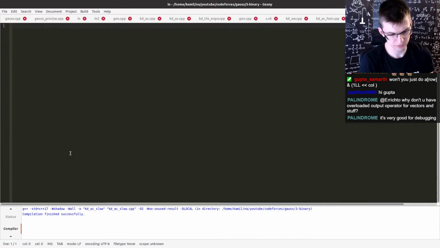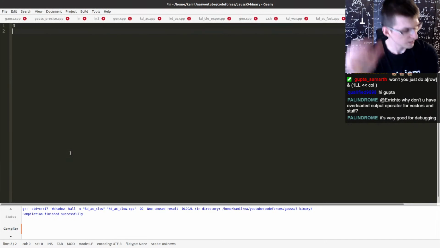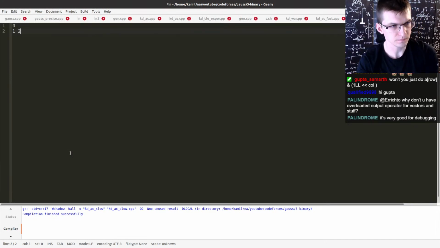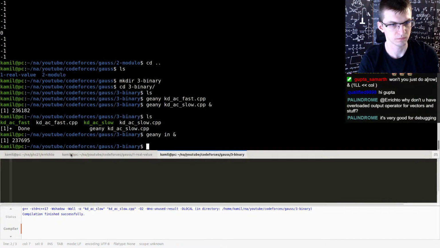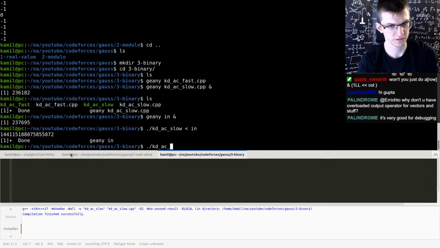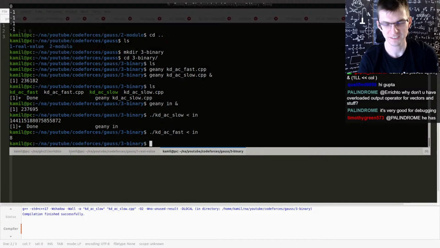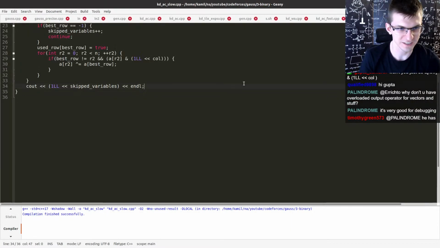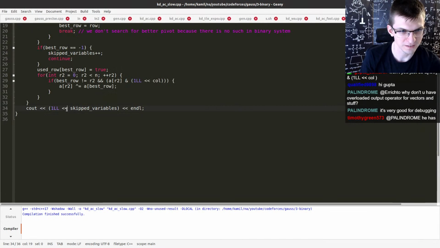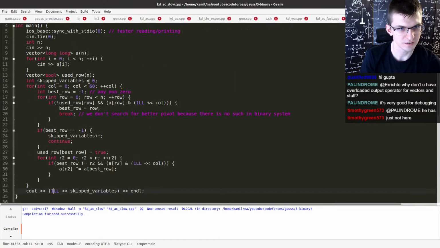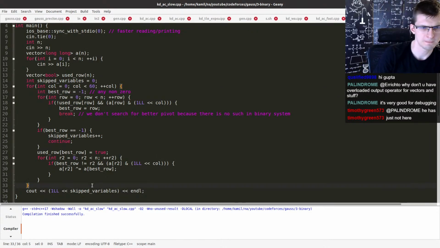Let's try some input. Say 1, 2, 4, 6. This is not correct. This looks correct. So the slow version printed something bad. What's going on?